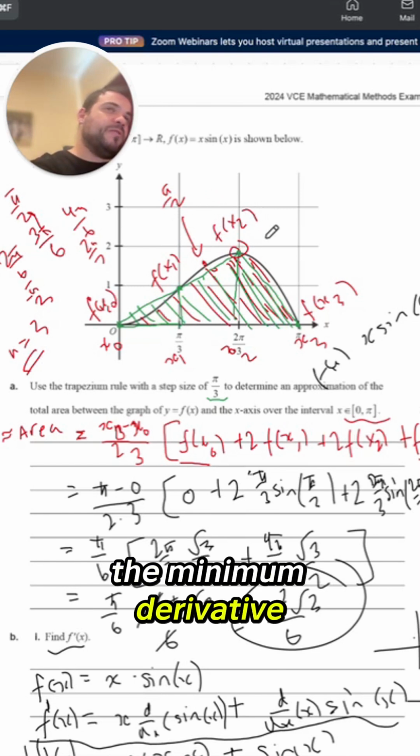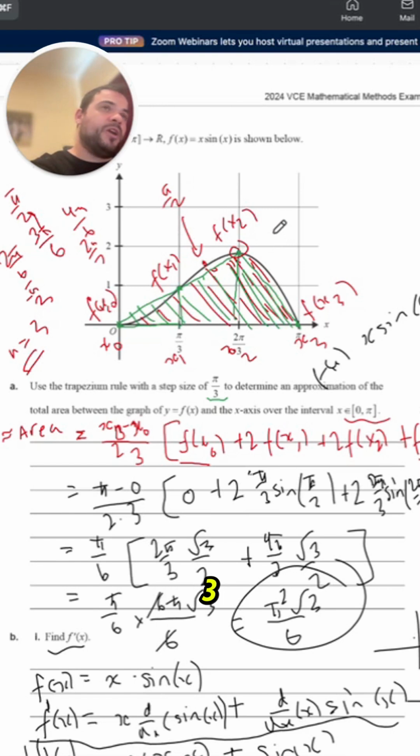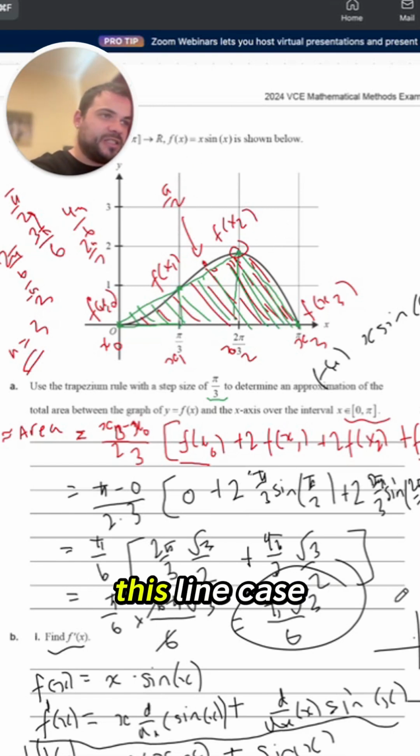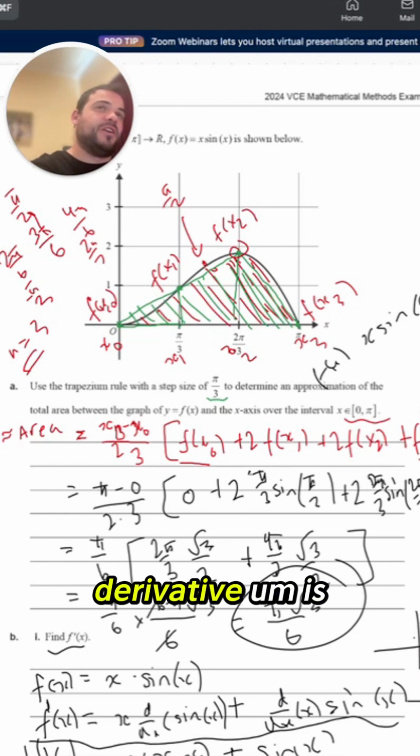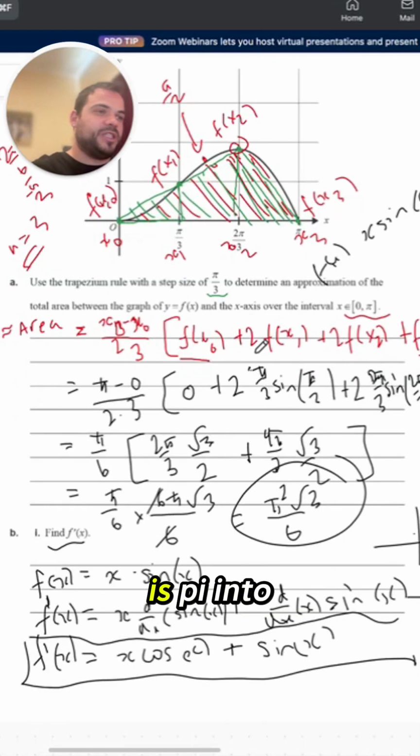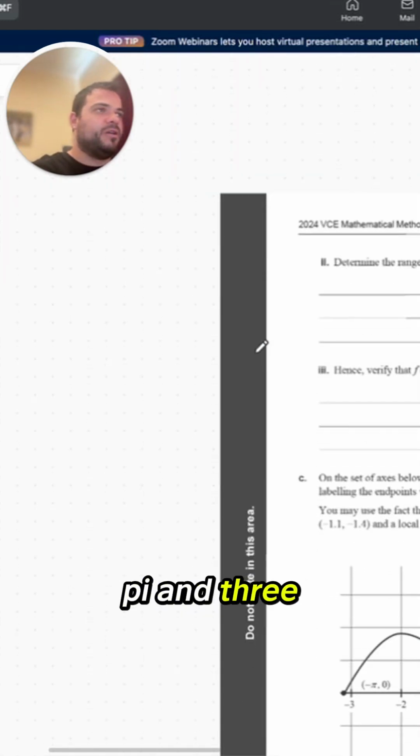The minimum derivative over that interval will occur at 2 pi on 3, and the maximum derivative will occur at pi on 2. So it's much like the line case, where I showed the function, in this case our derivative, as increasing. In our case it's just decreasing over the interval of interest, which is pi on 2 to 2 pi on 3.